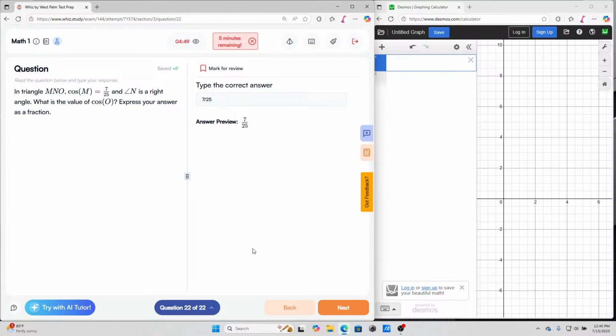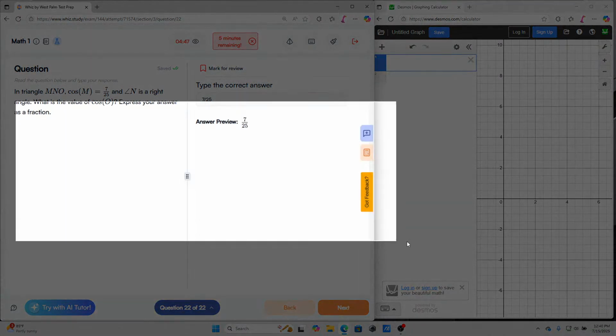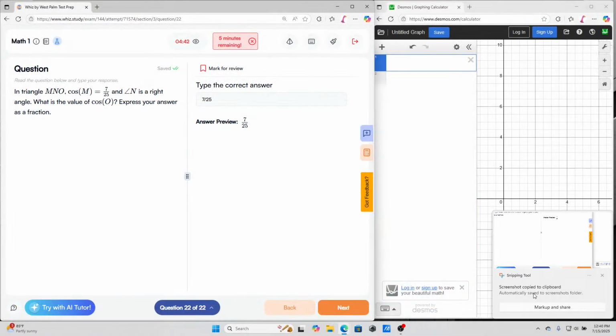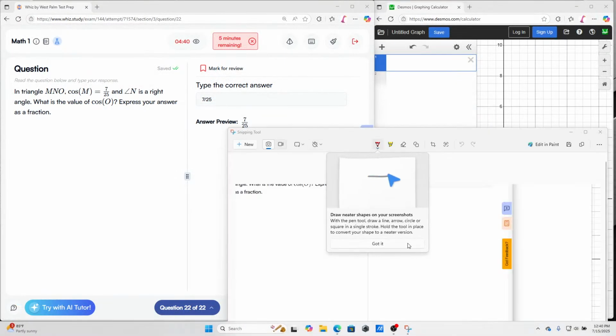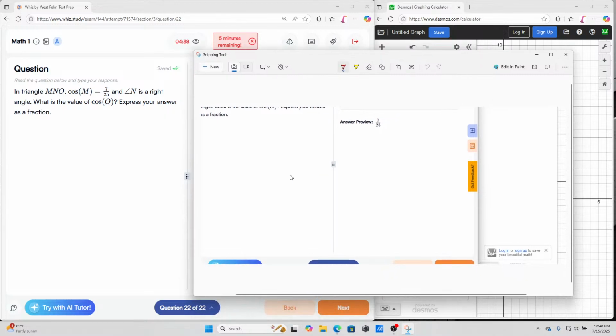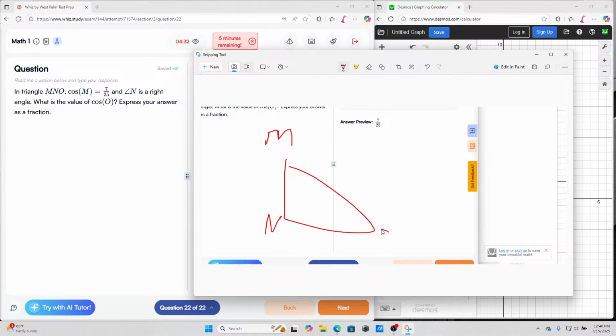Let me see if I can draw this out here. So if we have this triangle M N O, right? And then this is 90. This is the hypotenuse.